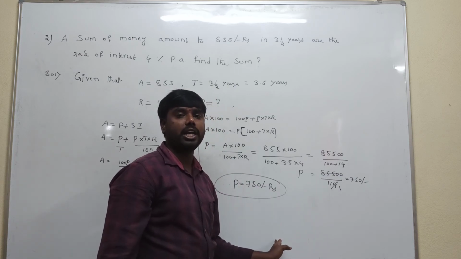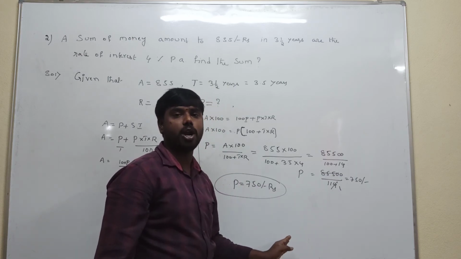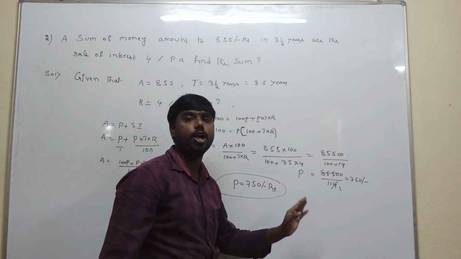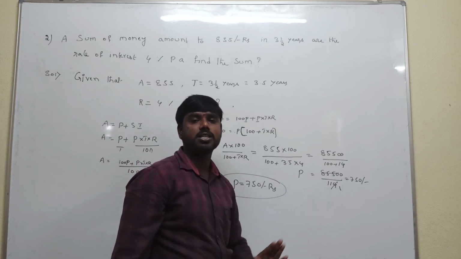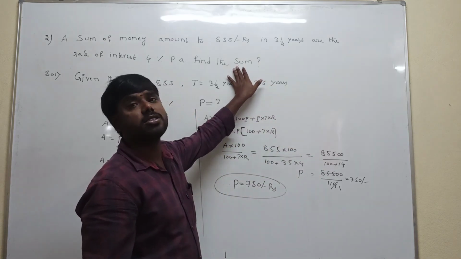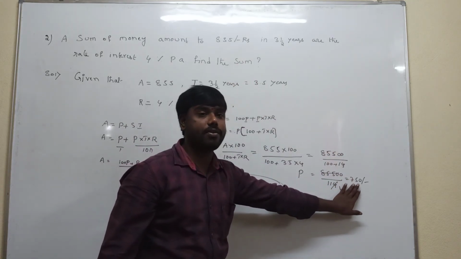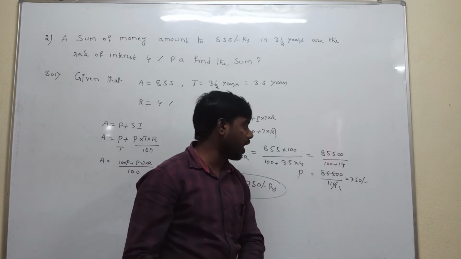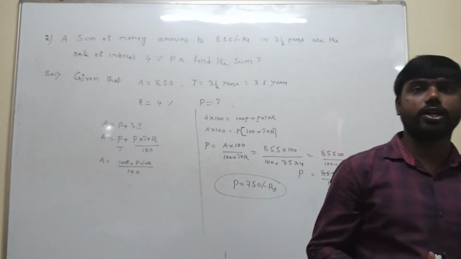Finally, the value we require is the principal amount. What value are we getting? The principal amount is 750 rupees, which is the sum of money deposited. This is the required solution.